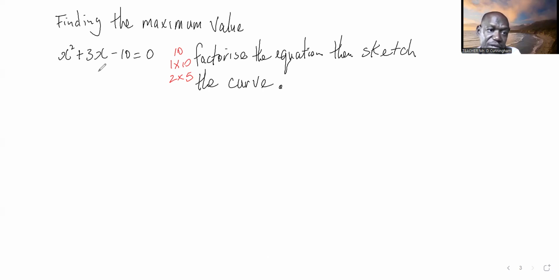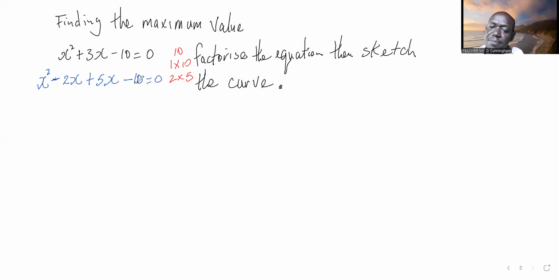So we're using 2 and 5. So now we're going to write it back using our 2 and 5. So it's x squared minus 2x plus 5x minus 10 equals 0.